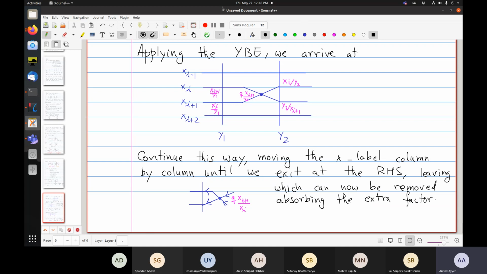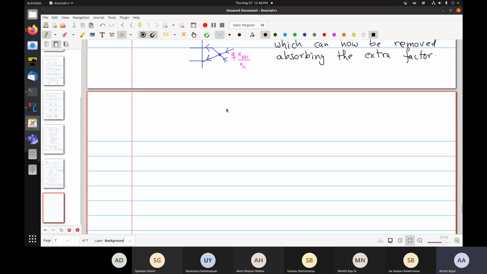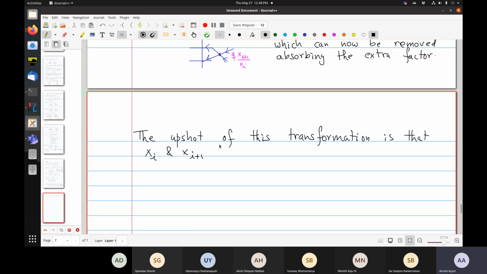So what's the upshot of all this? How did all this help? So the upshot of this transformation is that xi and xi plus 1 have been interchanged.